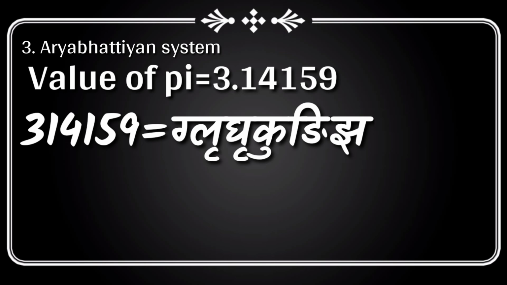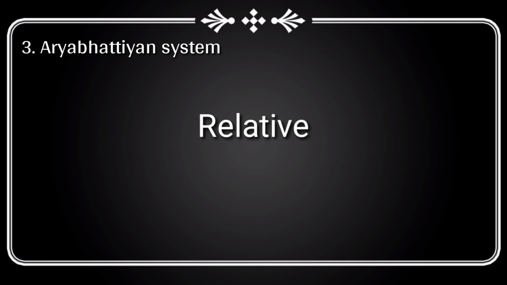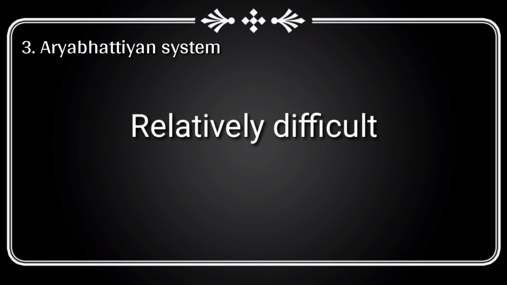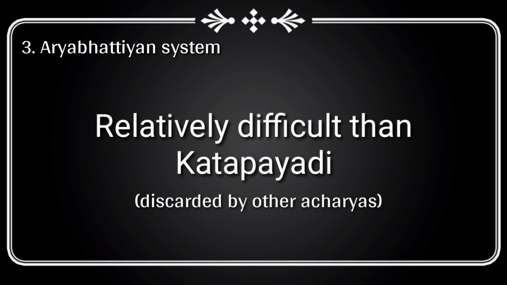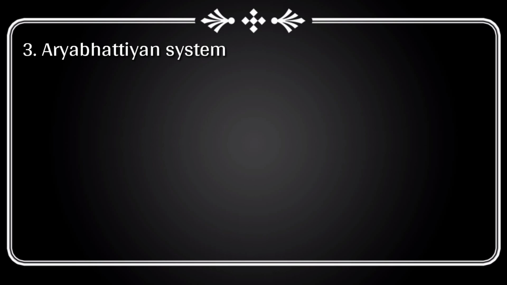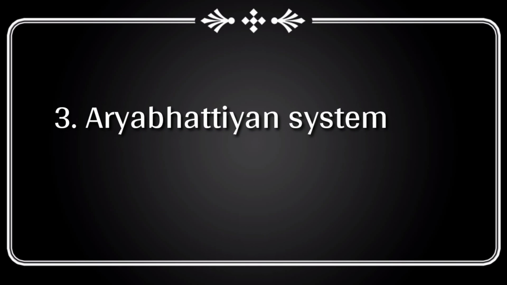This represents 314159. It does not have any meaning, and it is a relatively difficult way of representing numbers, and it was soon discarded by the later ancient Sanskrit mathematicians. So basically this is the Aryabhattiyan system of numeration.